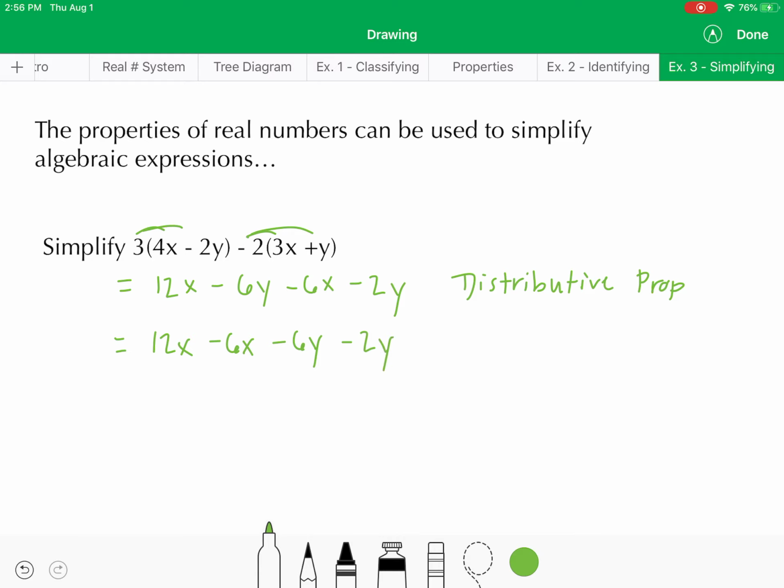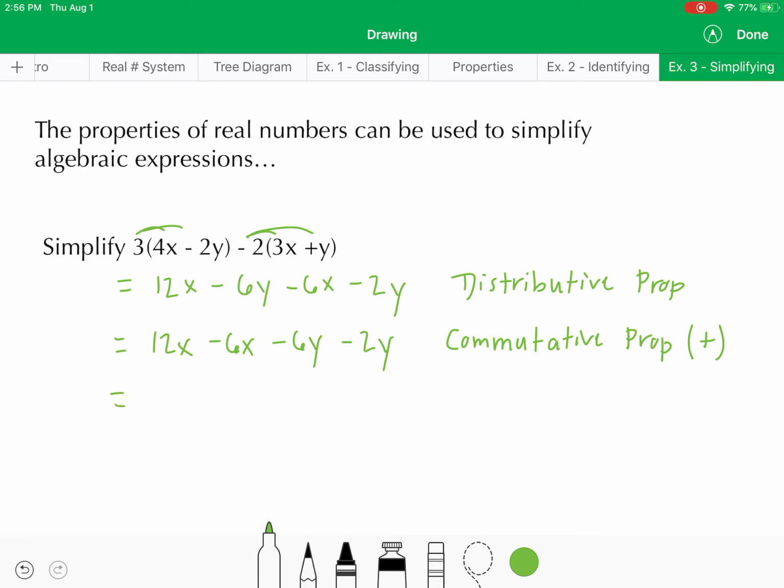And you may not have realized it there, but what you have just used is the commutative property of addition. Now you say, wait, nothing really is being added there, it's being subtracted. Well, what you can really think of subtraction is it's addition by a negative, right? So really we are adding here.